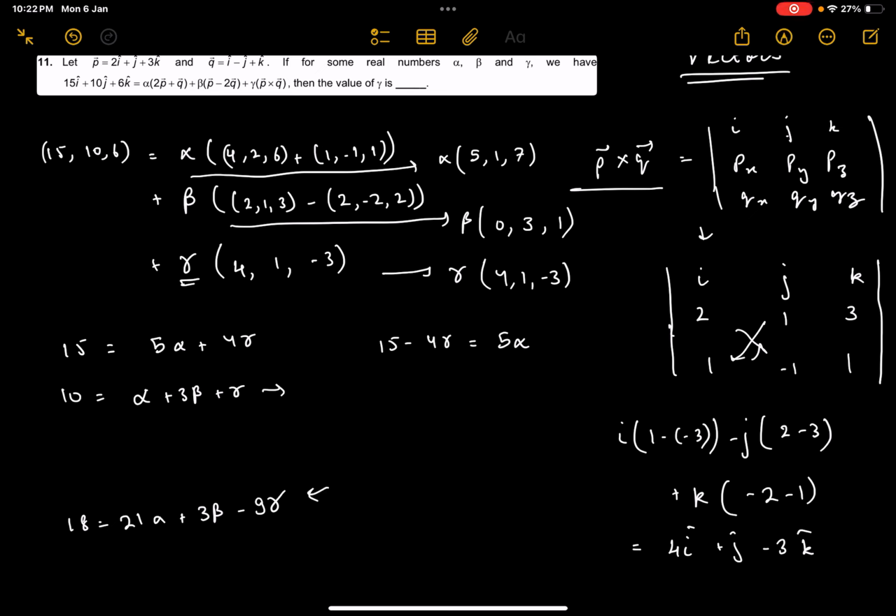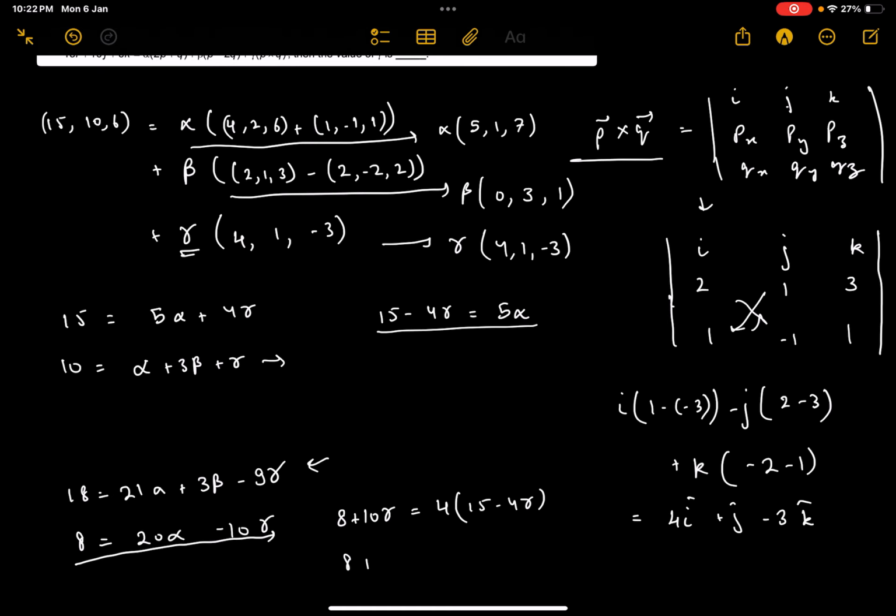We'll get 18 minus 10, that is 8, equals 21 alpha minus alpha, which is 20 alpha. 3 beta gets cancelled. Minus 9 gamma minus gamma is minus 10 gamma. So we have 8 plus 10 gamma equals 20 alpha. 20 alpha is 4 into 5 alpha, and we have 5 alpha is 15 minus 4 gamma.